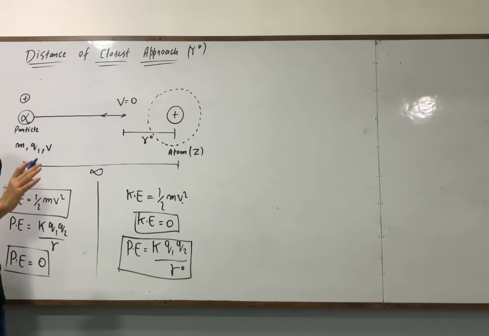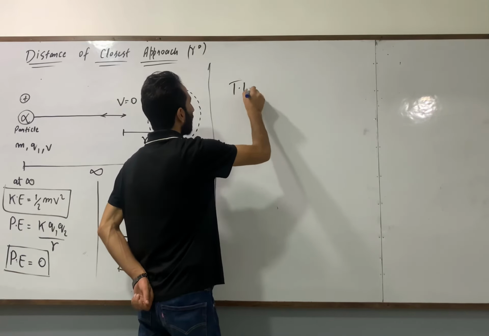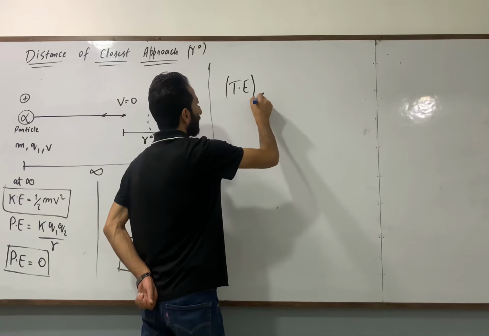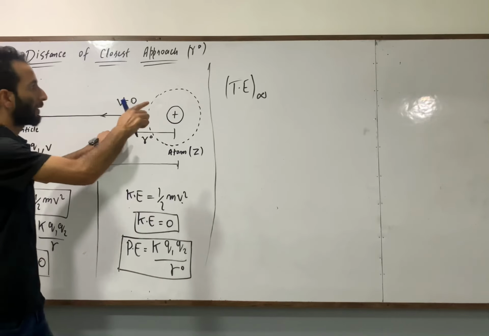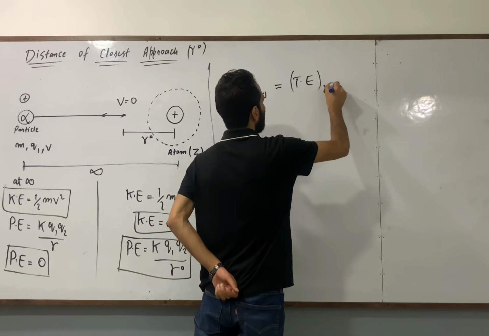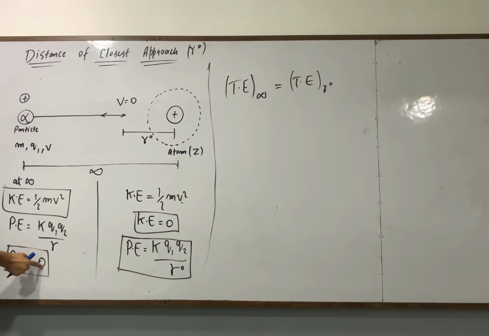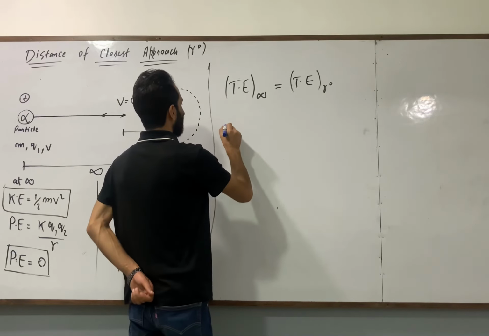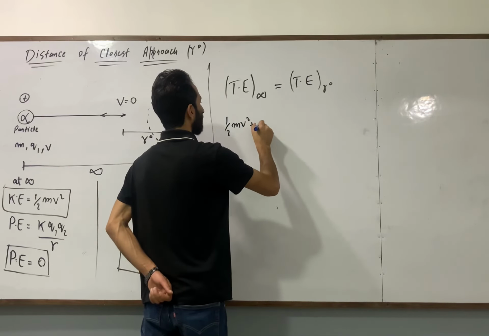According to the law of conservation of energy, the total energy of the alpha particle at a distance of infinity from the nucleus will be equal to the total energy of the alpha particle at a distance of r naught from the nucleus. The total energy at infinity is the sum of kinetic energy and potential energy. Kinetic energy is 1 by 2 mv square and potential energy is 0, so the total energy is 1 by 2 mv square plus 0.